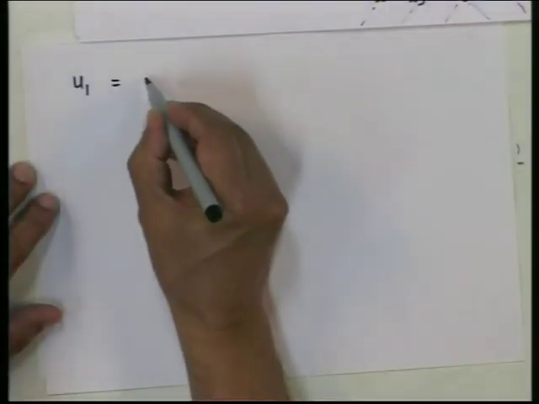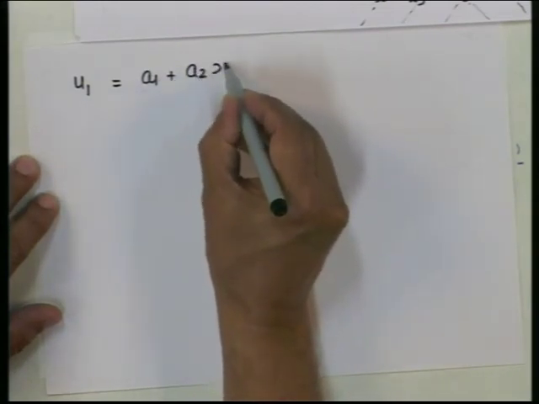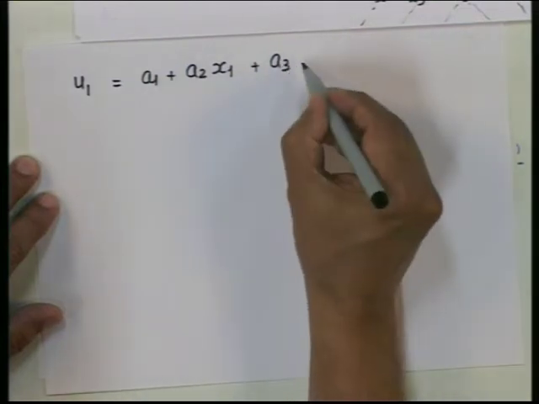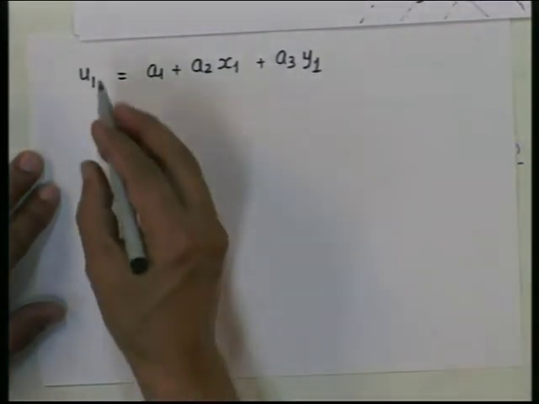We just substitute. For node number 1, u1 will be equal to a1 plus a2 x1 plus a3 y1.